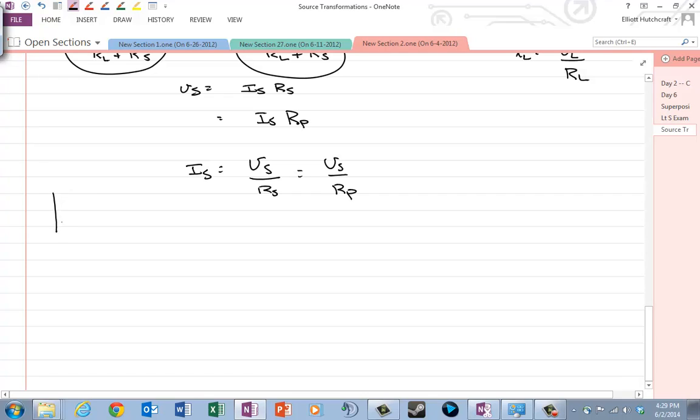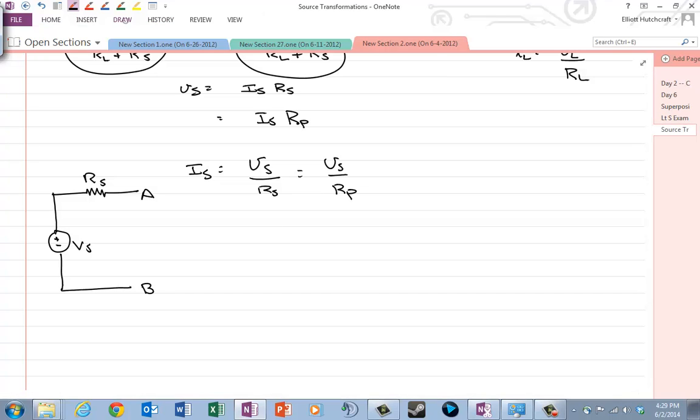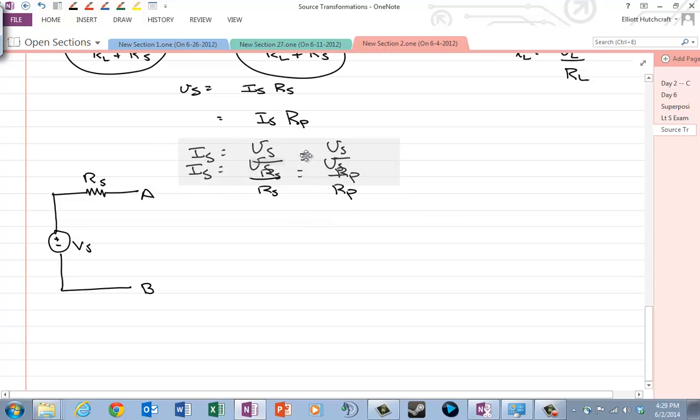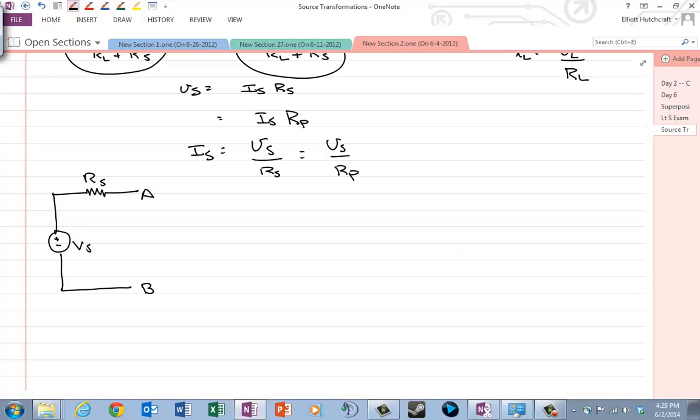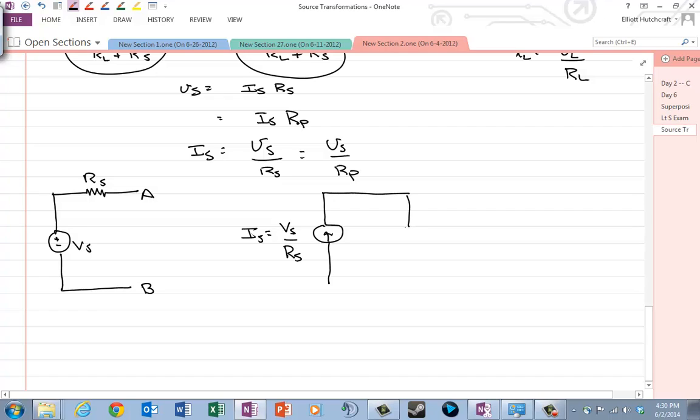We've said, okay, if I now have VS and RS, and that, excuse me, not ideal, if that practical voltage source is attached between terminals A and B, I can replace that with a current source with current value IS, which is equal to that VS over RS, and in parallel with it I need to replace its resistance with a parallel resistance RP, but its resistance is actually equal to RS.